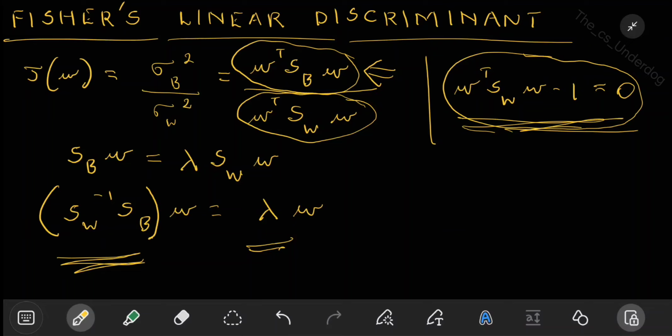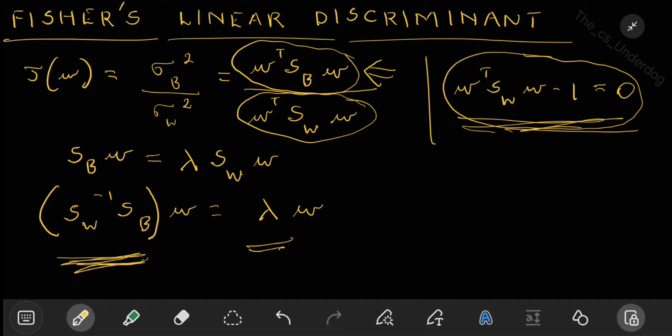So W is the eigenvector. Corresponding to the largest value of lambda among all the eigenvalues, take the eigenvector corresponding to that largest value. That will be your solution. So the eigenvector of the matrix SW inverse SB, which corresponds to the largest eigenvalue, is the axis to which you want to project. This is how you find the axis to which you have to project.